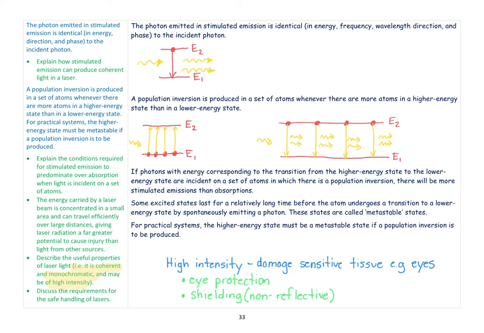That does lead to some dangers. So we're going to discuss the requirements for the safe handling of lasers. Laser light is very high intensity. It can damage sensitive tissue, like your eyes, but other sensitive tissue as well. So it's really important when using lasers that you have proper eye protection that can stop that high intensity radiation damaging your eyes.